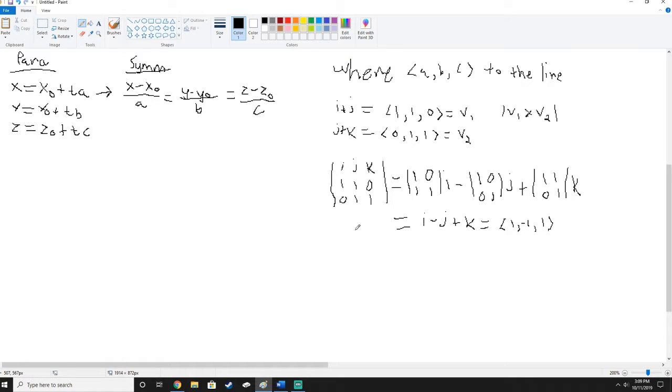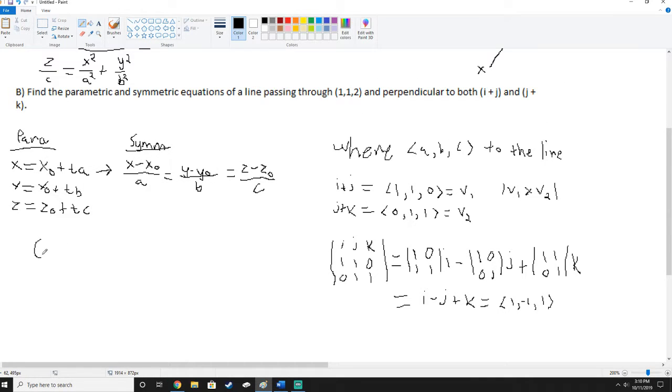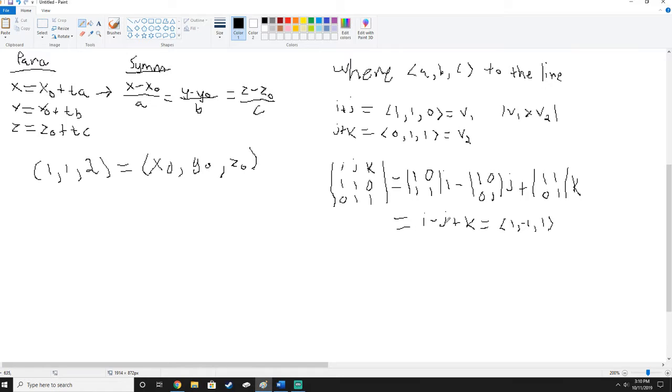We'll say that our point, which is (1, 1, 2), is equal to our constants in our parametric equation, so it'll be x0, y0, and z0.